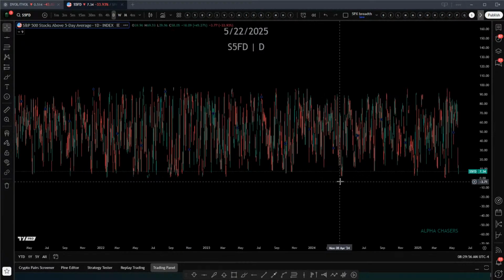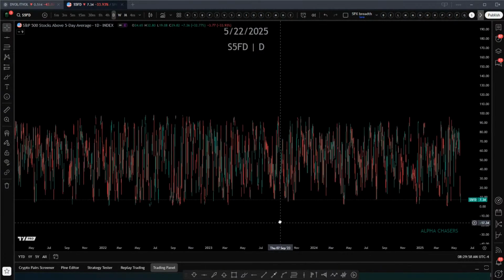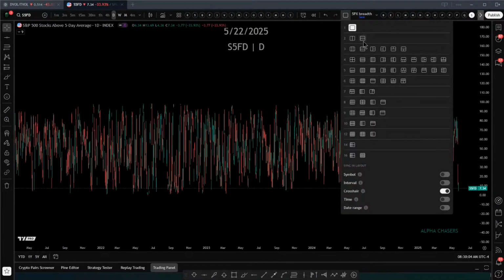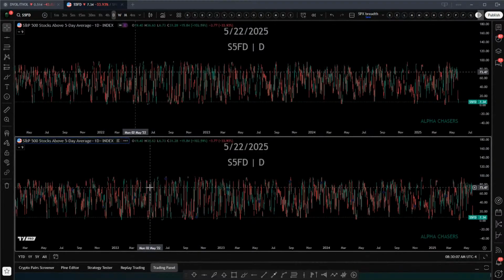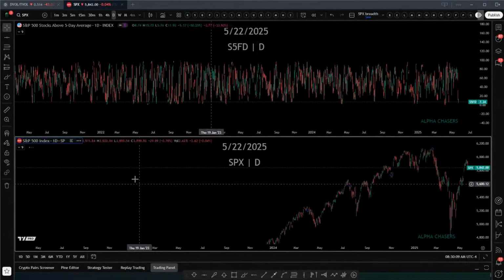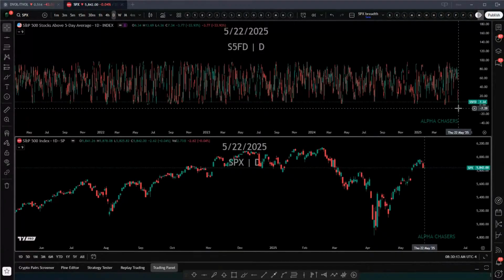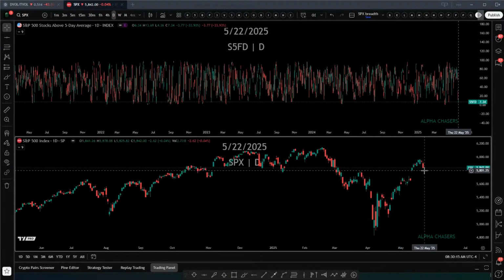I can't think of a time that, if you overlaid this, like here, I'll show you what I mean. If you went to here and you split screen this, we'll just do it here on the bottom. And we just go to where you're at, which is a 3, which is right here.